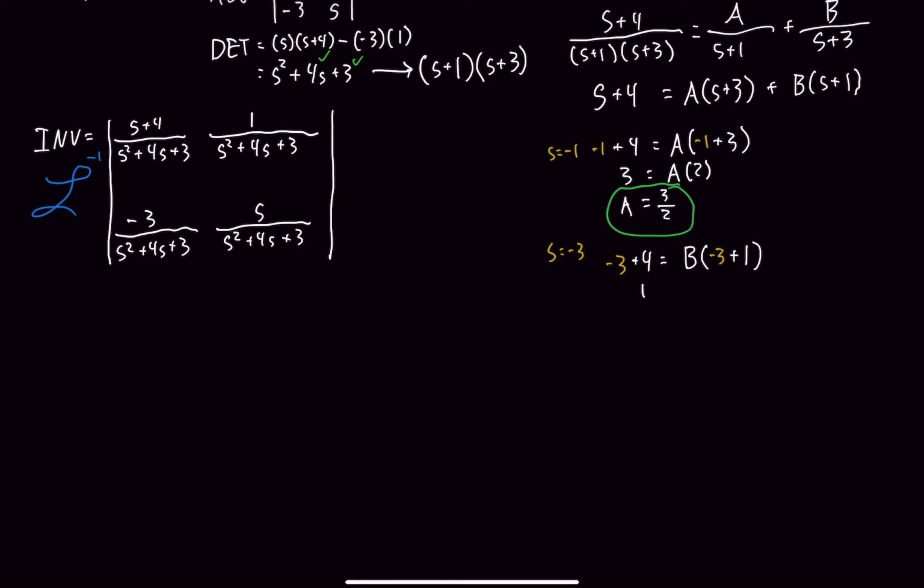Let's see, 1 equals B times negative 2. So B equals negative 1 half. And that's our second answer.